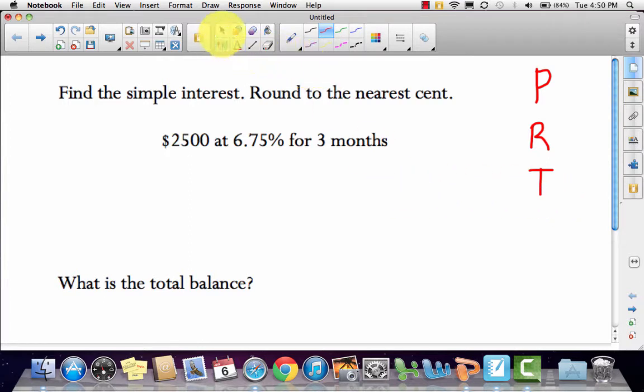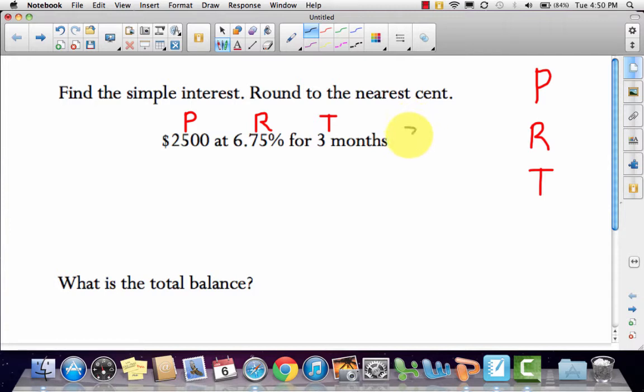So I'm going to go through, and I know that P is always a dollar amount, so I'm going to label this one as the principal. My rate is always the percentage, so this will be R. And T is always the time. Now 3 months, I don't want to put a 3 in because that would be reading as 3 years. So I have to figure out 3 months is what portion of a year.